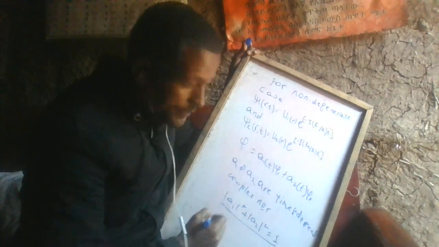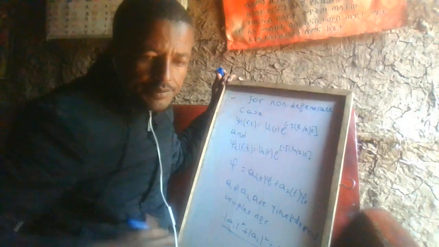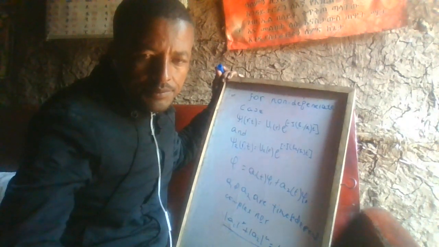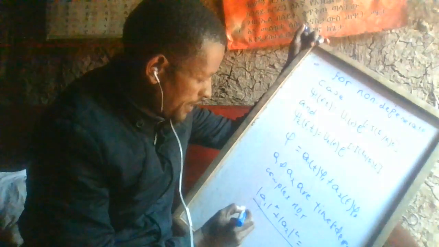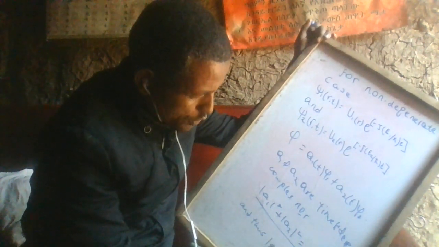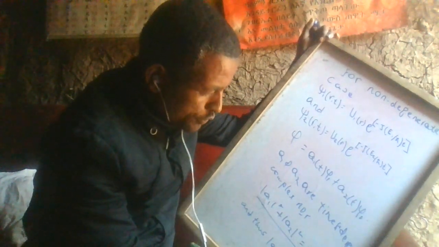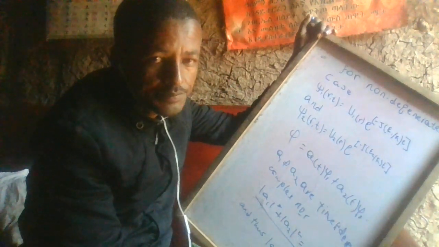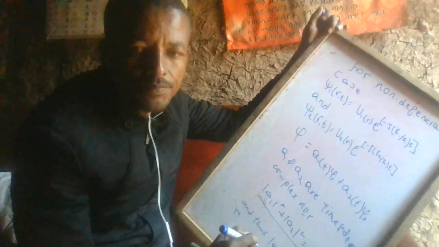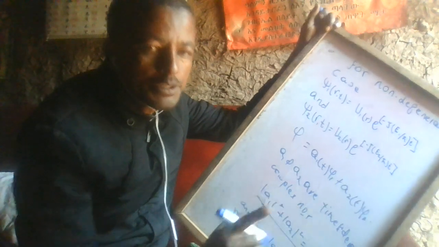Thus the magnitude of A1 squared and the magnitude of A2 squared represent the probability that at time t the atom is found in state 1 or 2 respectively.